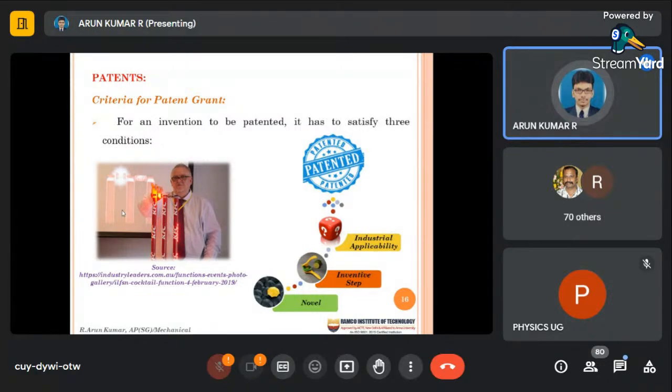In 2013, it was given patent grant status, and in 2014, this LED stump was used for the first time in an ICC major tournament. A patent grant is usually for 20 years from the date of filing. He filed in 2011, so he can hold the right of this patent till 2031. Still 8 more years out there.